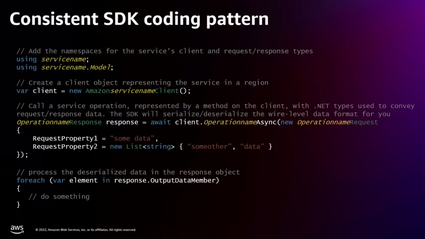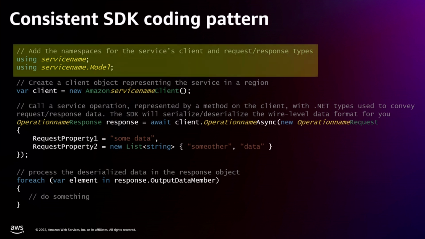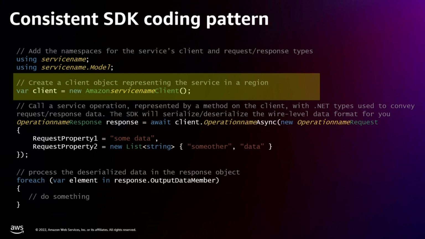And there is a very consistent coding pattern when you use SDK and AWS services using SDK. And so first you add NuGet package, and then you import appropriate namespaces. And these are very consistent and predictable, so you can see it by name. Next, you instantiate the client object. And optionally, you can pass parameters like credentials or region information.